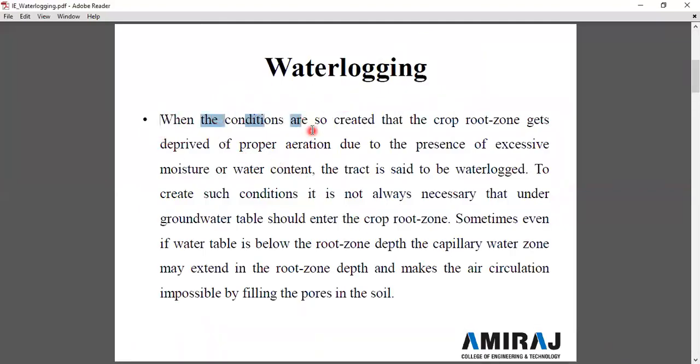So, before starting, what is waterlogging? When conditions are created such that the crop root zone is deprived of proper aeration due to the presence of excessive moisture or water content, the tract is said to be waterlogged.